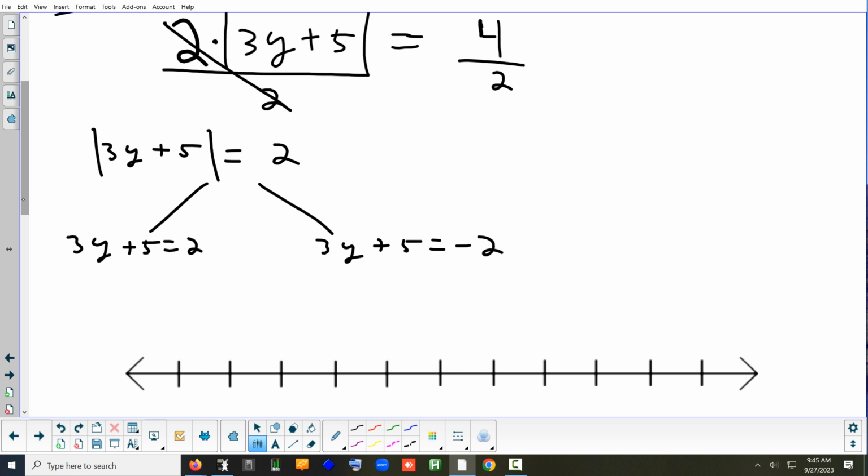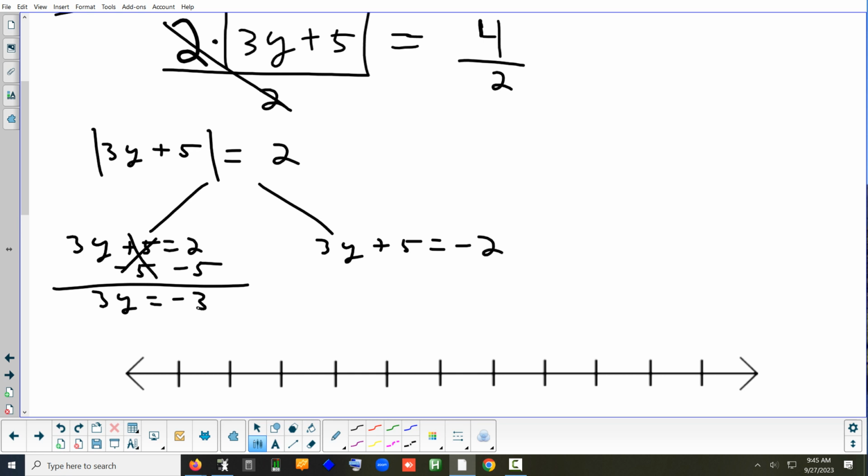And let's do the one on the left. Any adding or subtracting we need to do? Yep, and what did you subtract on both sides? Yep, so subtract 5 on both sides. We get 3y equals, what's 2 minus 5? -3. And now the last step, is there any multiplying or dividing we have to do?